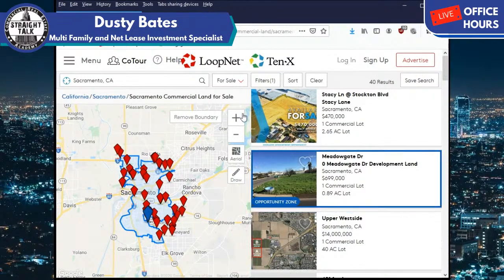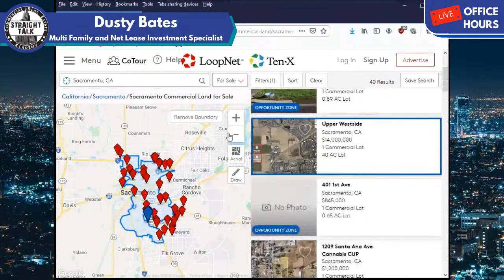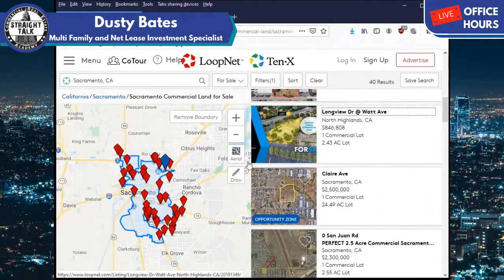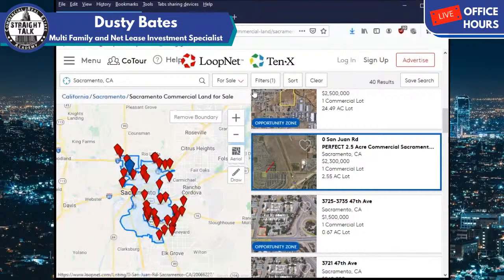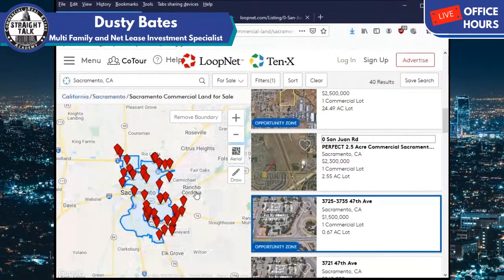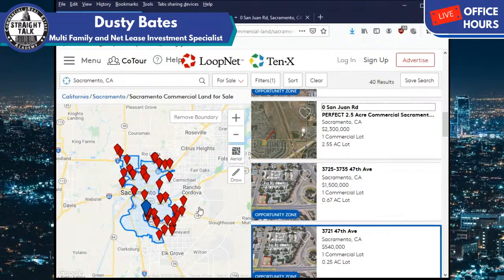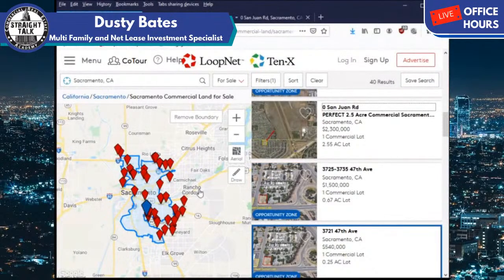Let's see if we can find some good sites here. That one's good. That one's good. And that one's interesting. This one's listed for 1.5 and also 540.